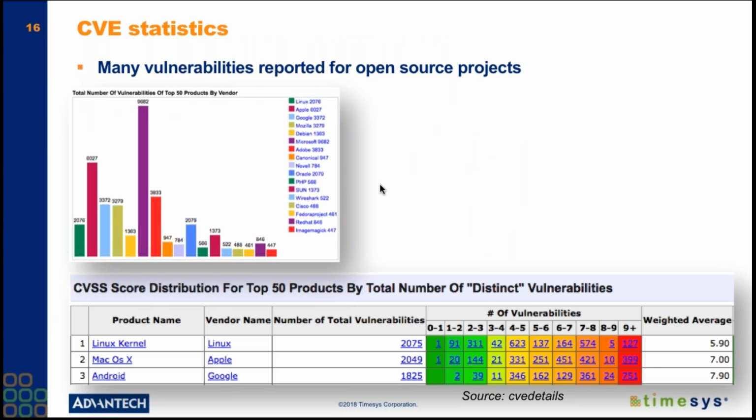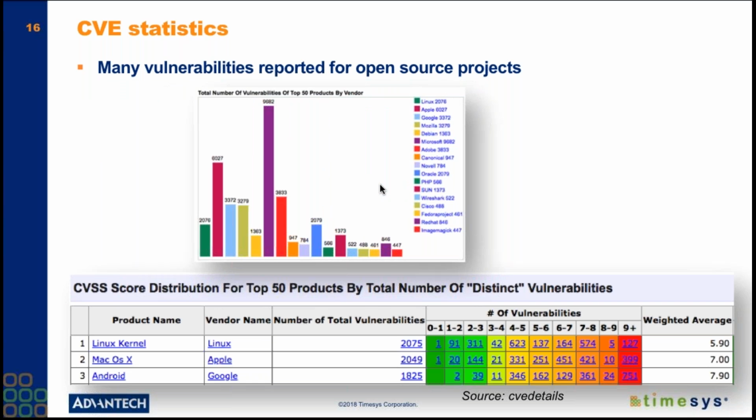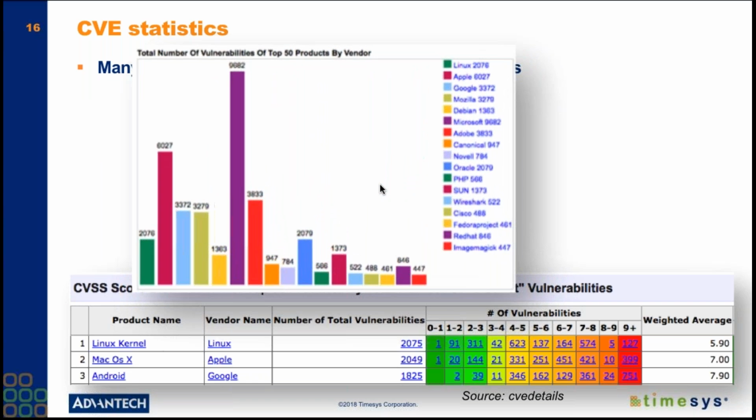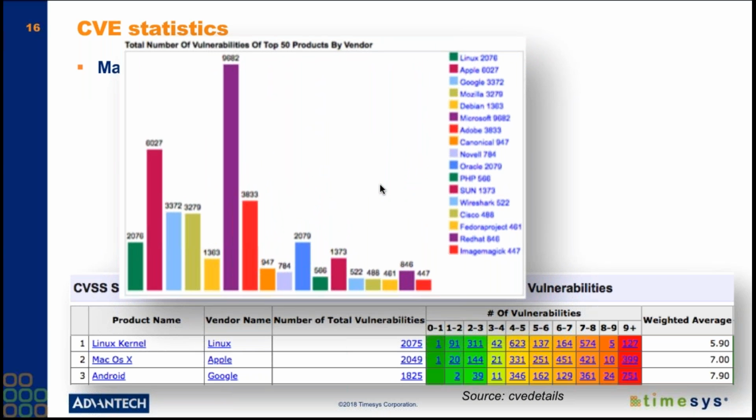So there are many vulnerabilities reported for open source projects. And again, I used the CVE details to pull some of the information for us. You can see that vulnerabilities are reported for Linux, for Canonical, for Debian, for Mozilla. So not only for open source, because Microsoft is listed here as well, as you can see.